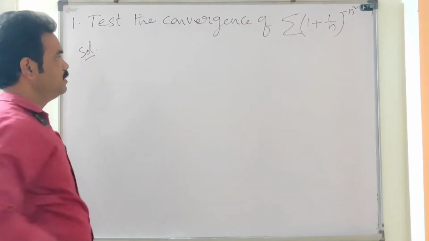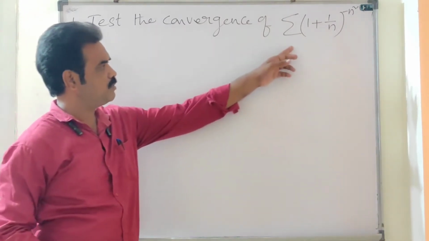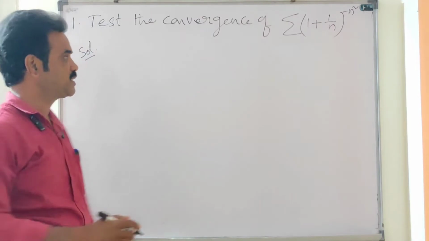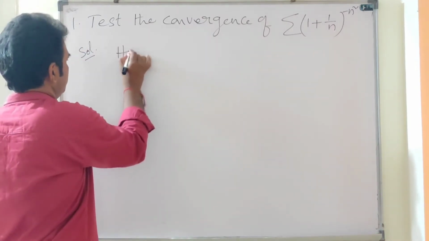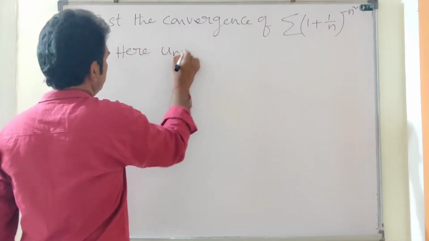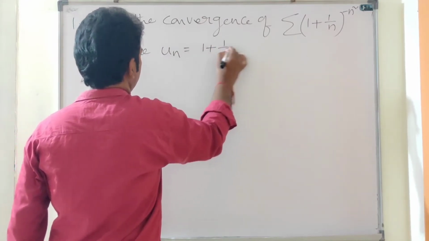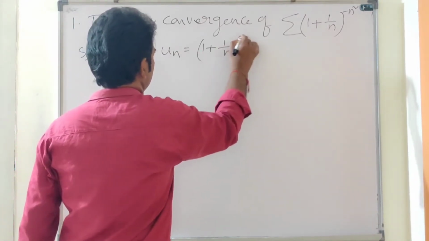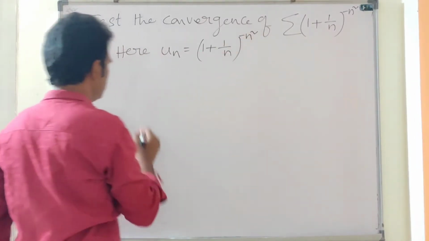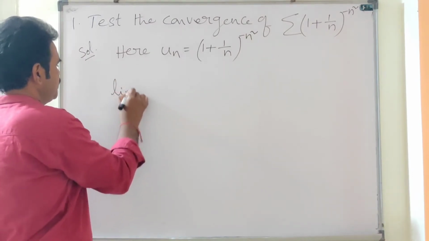Solution: given series is sigma 1 plus 1 by n whole power minus n square. Here nth term un is equal to 1 plus 1 by n whole power minus n square. So now find the limit.